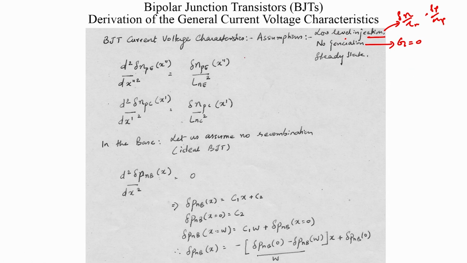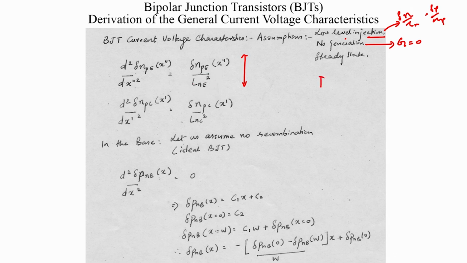The continuity equation is something that you are already familiar with. We have used this for the p-n junction diode, so I am not going to elaborate a lot on this. I made one leap right away, which is I have represented this term here as the diffusion length of the electron. So where did this L_n squared come from?